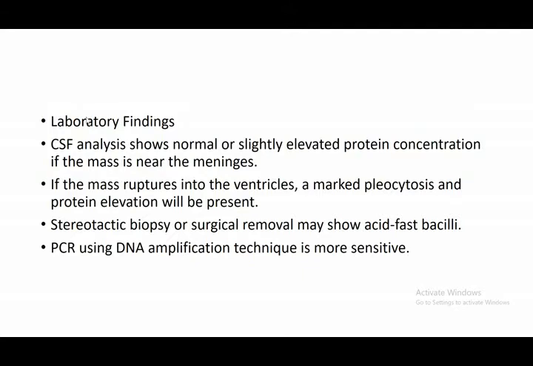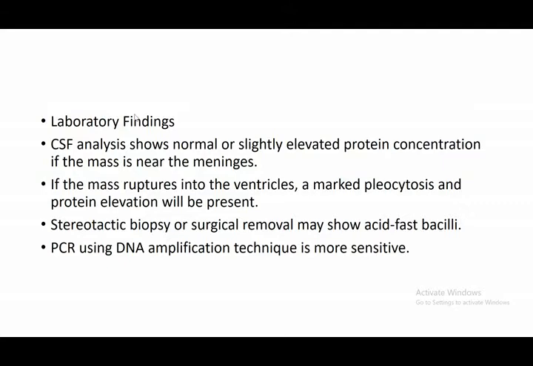Again, starting with routine laboratory investigations, CSF analysis may be completely normal in a patient with tuberculoma or tubercular abscess, as it is a parenchymal disease and remains encapsulated in the parenchyma. So if you draw CSF from the subarachnoid space, which is basically the covering of the brain, you may find only normal CSF. Sometimes you may find elevated protein concentration if the mass is near the meninges.